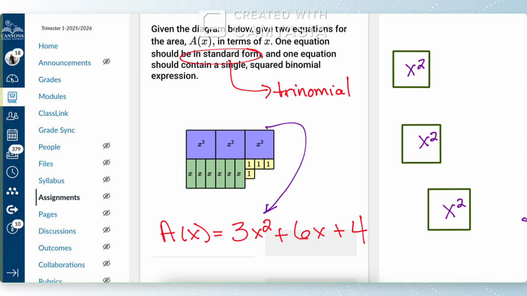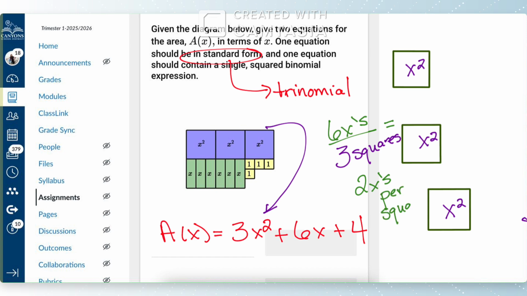So if I divide my 6 x's by my 3 squares, it's literally like rearranging the picture. That means that I have 2 x's per square. And then I've got to divide by 2 again, that cut in half would mean that I have 1 x per side.